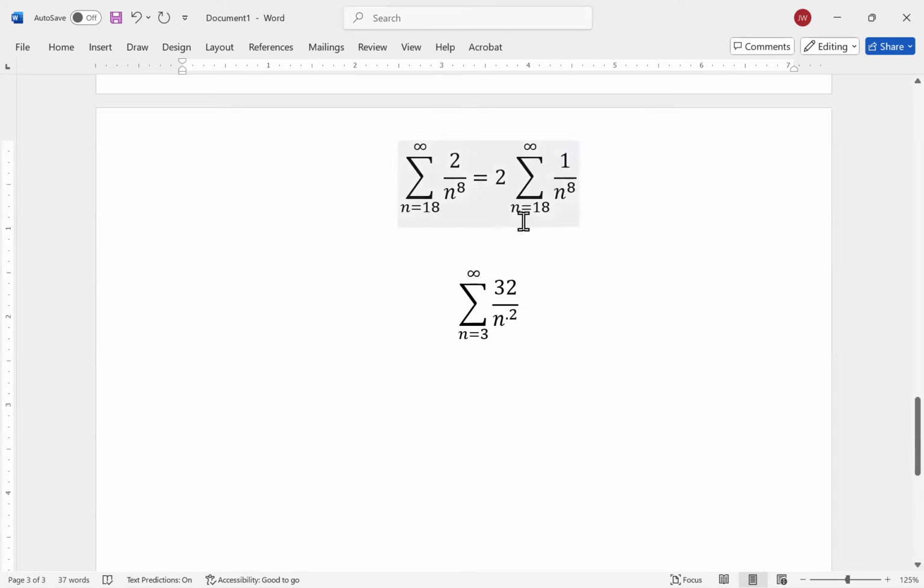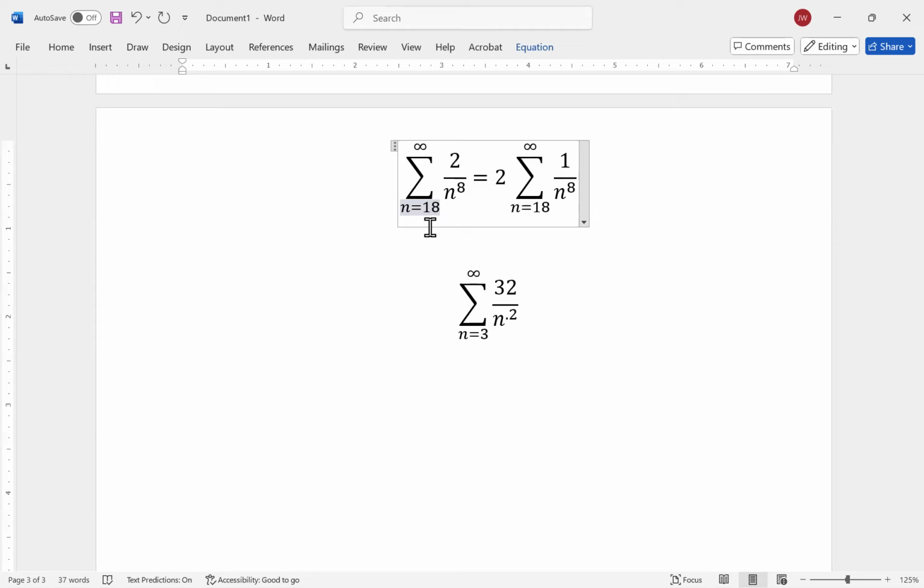Also, if you think about it, starting at 1 versus starting at 18 basically just means my first 17 terms are not included here. That's actually not a big deal because the sum of the first 17 terms is always going to be finite. Therefore, if it converges and then you add on 17 extra finite terms, it's still going to converge.